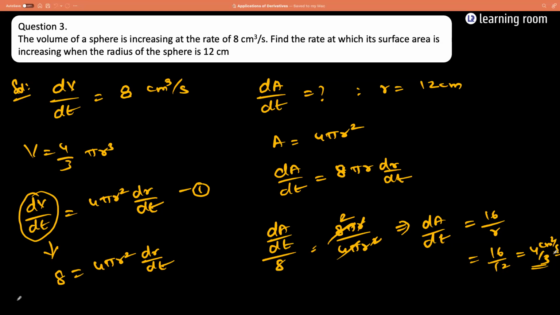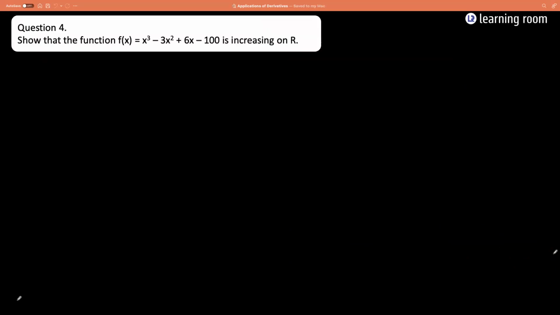Right. So exactly 2 minutes. Good. Next. Show that the function is increasing on R. Solution.